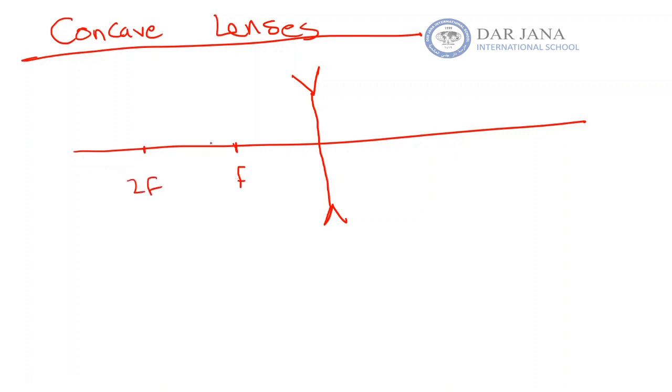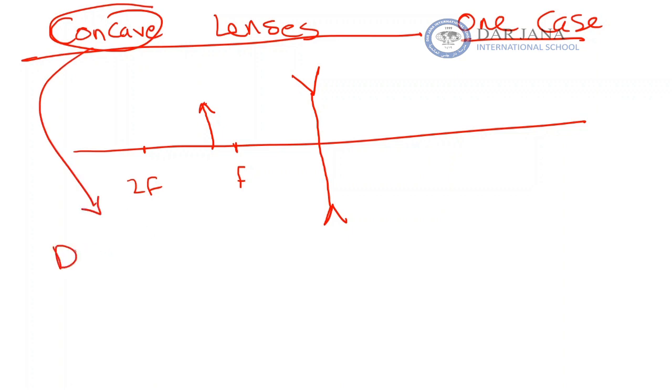I will take the object anywhere, it doesn't matter because it's one case only. So I will take the object, let's say here. So it's one case. Remember that in concave lenses, it's diverging, and F, you put it negative in the equation.